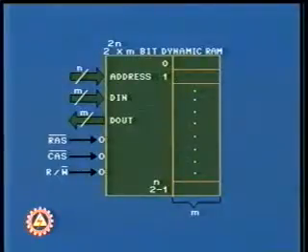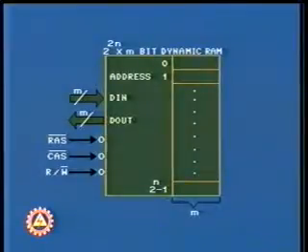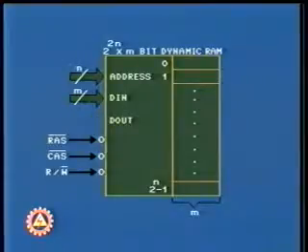A dynamic RAM has n-bit address lines, separate m-bit data in DIN lines, and m-bit data out DOUT lines.